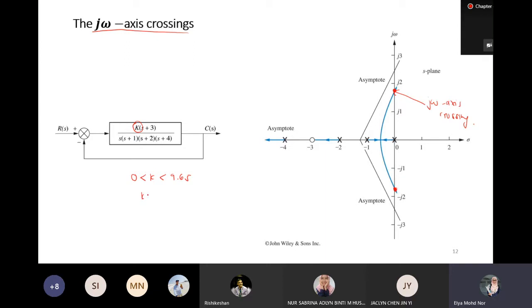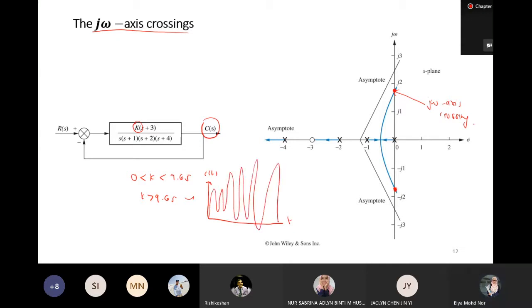Above 9.65, you will get your output response, your C(t), unstable. But for this one, you are able to get your output response stable. That is what it means.